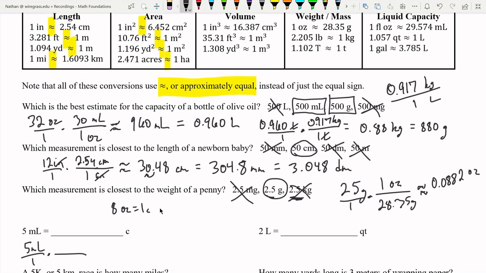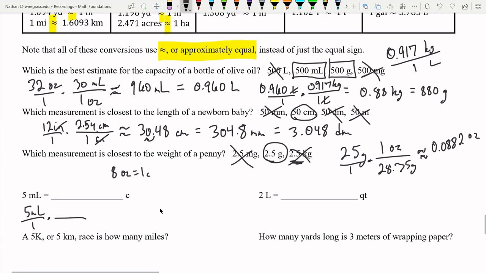There was 29.574 milliliters to 1 fluid ounce. So milliliters cancel. And then there are 8 ounces to 1 cup. And the ounces cancel. We are left with cups.